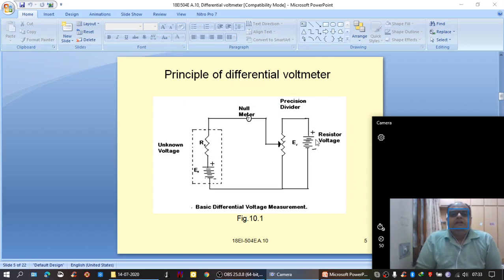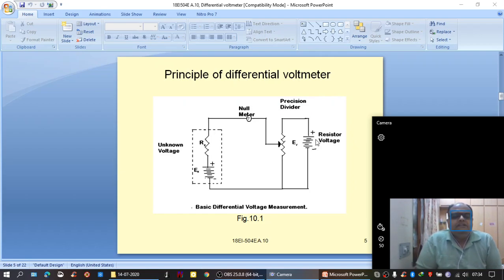Then a precision potential divider is used in combination with a known reference voltage. As you can see in the circuit, a potential ER, that is reference voltage, is applied across a potentiometer, and the wiper of the potentiometer is connected to one terminal of the null meter.